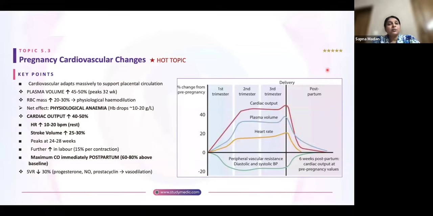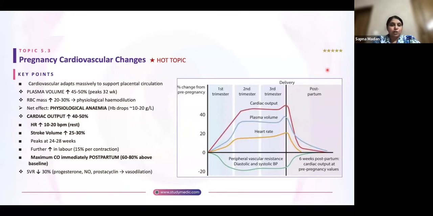The RBC mass will also increase, but only by 20 to 30%. So there's a lot of plasma volume increasing, but not as much RBC. So there is hemodilution, or dilutional anemia, in pregnancy.